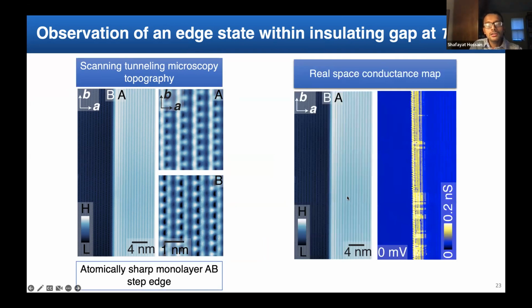Now we can do a spatially resolved conductance map throughout this region, and that's what we do here. What we find is that at the Fermi level, at zero millivolt bias, where the surface is gapped, the edge is excited. So there is an edge state right at the Fermi level.